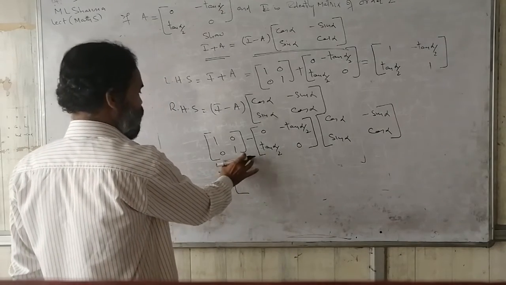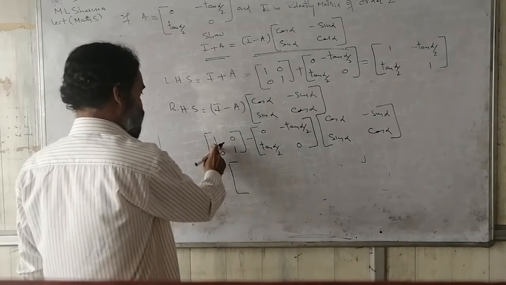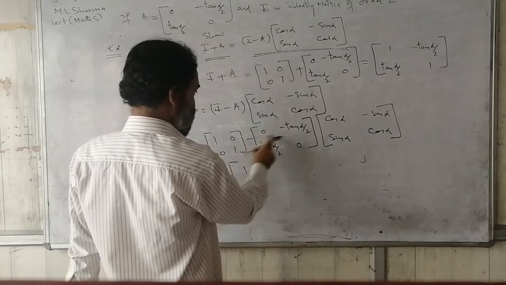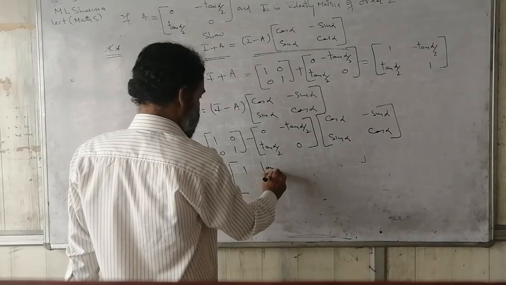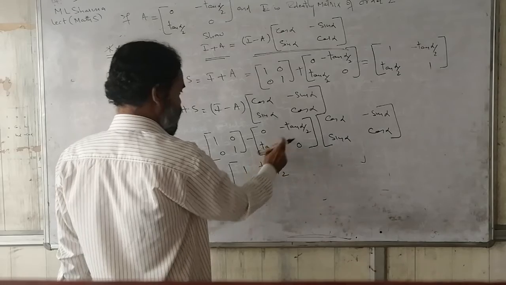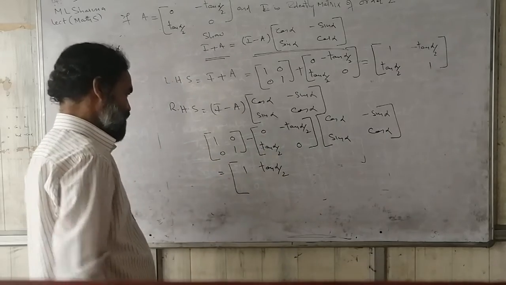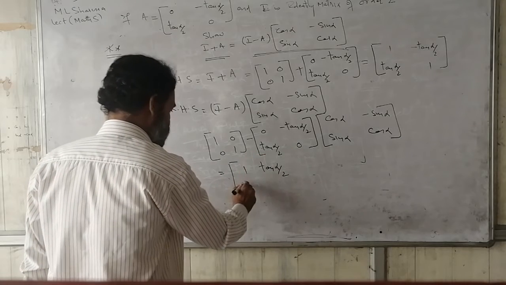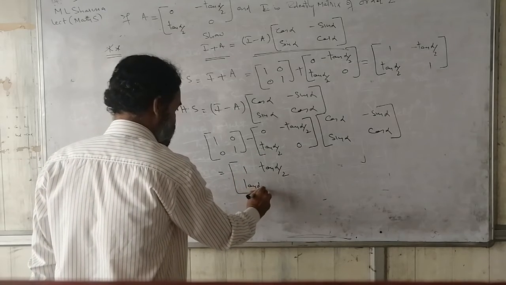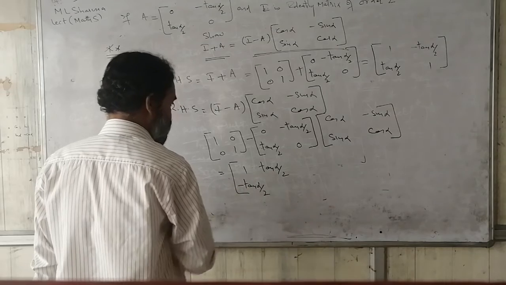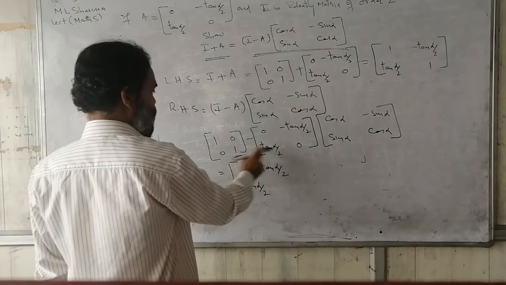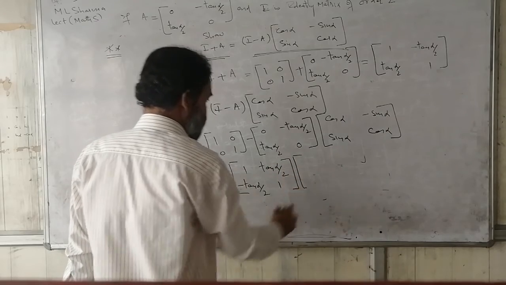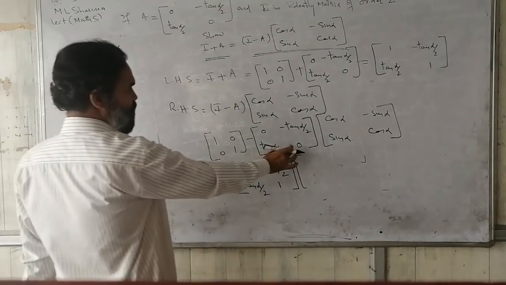If I subtract these two matrices, 1 minus 0 is 1, then 0 minus tangent alpha by 2, and minus minus becomes plus, tangent alpha by 2, and 1 minus 0 is 1 here.